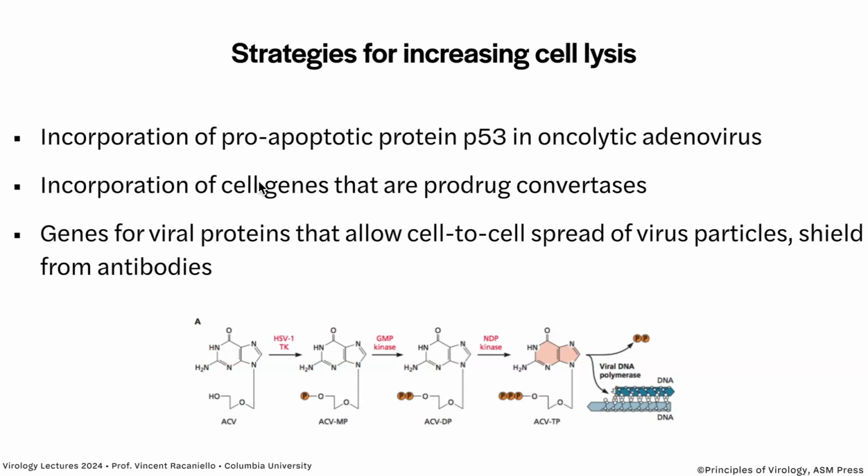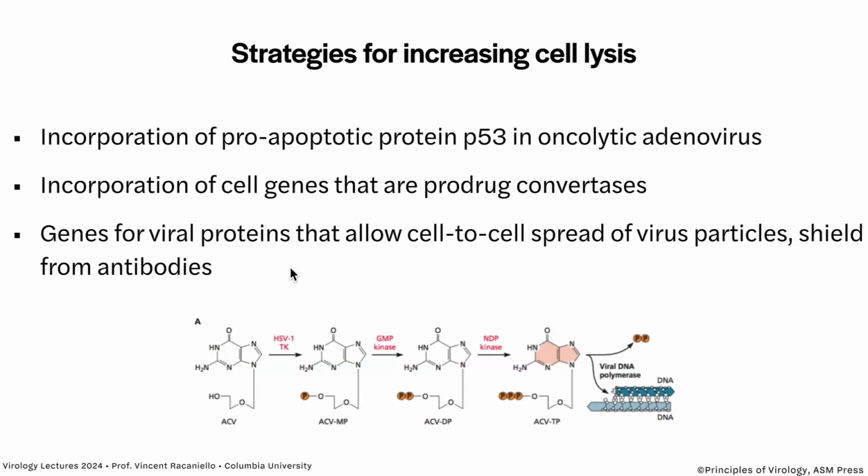We can incorporate genes that are prodrug convertases. Do you remember what those are? A prodrug would be like acyclovir, shown at the bottom, which has to be phosphorylated by the thymidine kinase gene of herpes simplex 1 before it can get triphosphorylated and act as a chain terminator. So that's a prodrug convertase. You put that in the oncolytic virus, and then you give the patient something akin to acyclovir, and it will be activated just in the tumor.